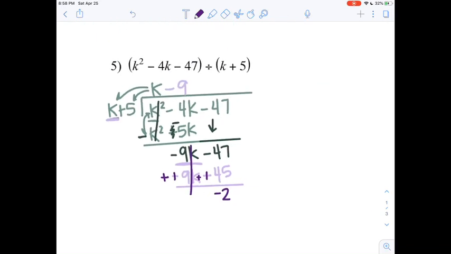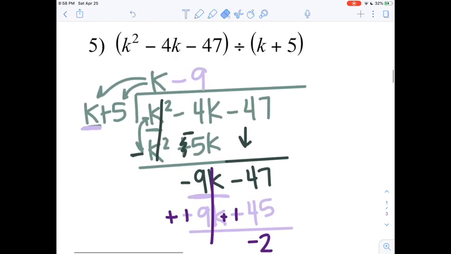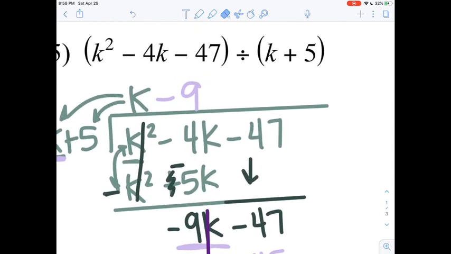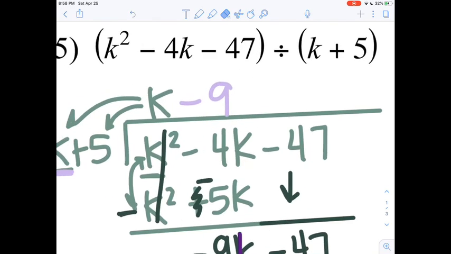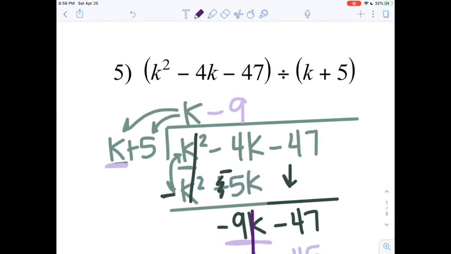Now, when you guys were in grade school, you probably would do r negative 2 if you had a remainder. But what we're going to do instead is we're going to bring that negative 2 up, and we're going to put it over what you're dividing by. So it's going to be minus 2 because it's negative 2 over whatever we divided by, which was k plus 5.